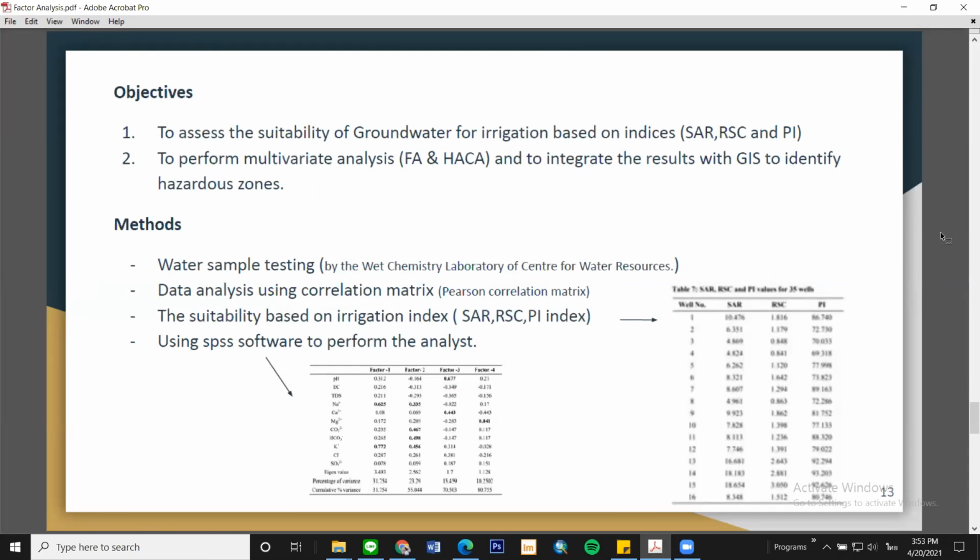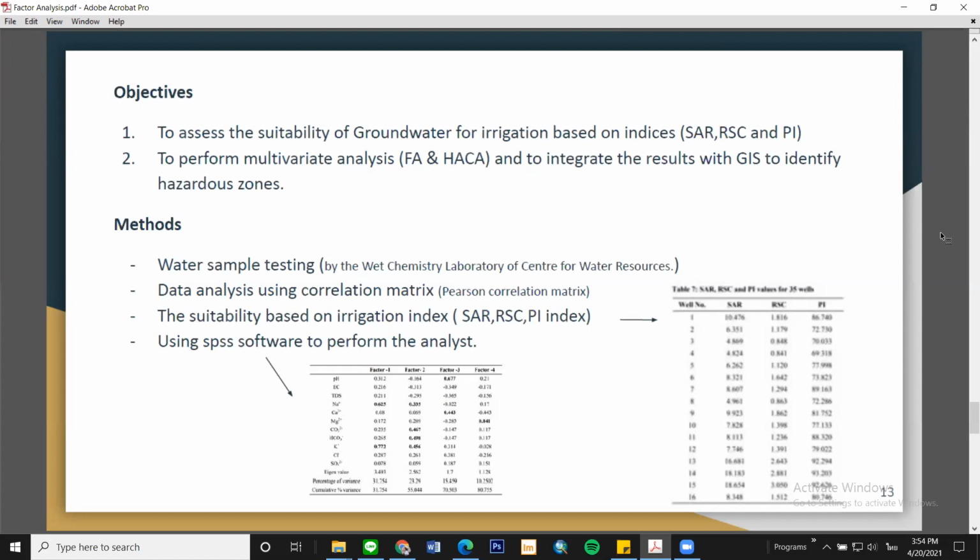It contains SAR index, RSC index, and PI index. SAR index, as you know, is about the sodium adsorption ratio, and RSC index is suitability based on irrigation index, and PI index means the permeability index.